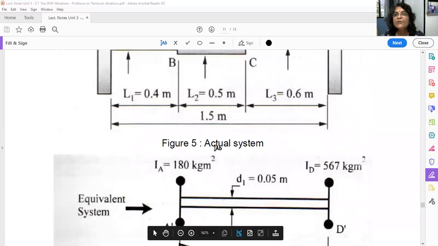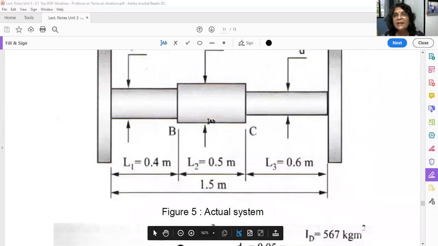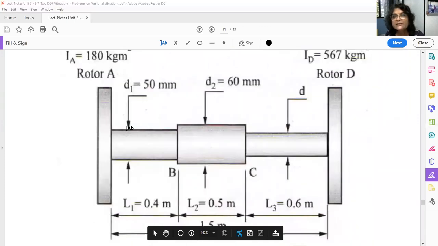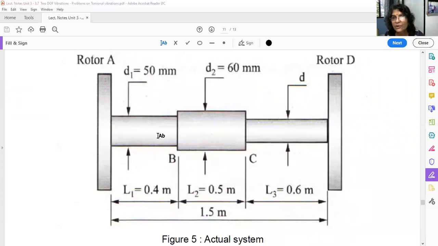So how will you write down LA? LA is equal to L1, taking D is equal to D1, so D1 upon D1 raised to 4 into L1, plus, up to this one only, D1 upon D2 raised to 4 into L2 by 2.